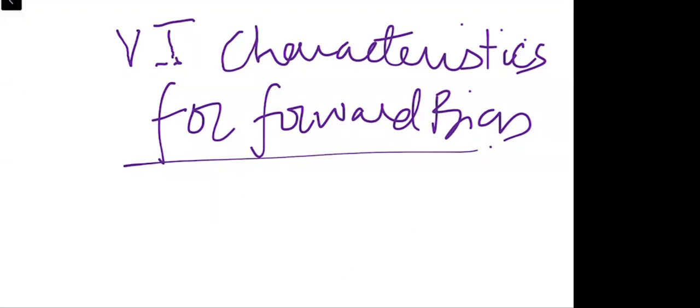Now let's say we have connected the diode in the forward direction, so we have the forward voltage VF and the forward current IF, right?